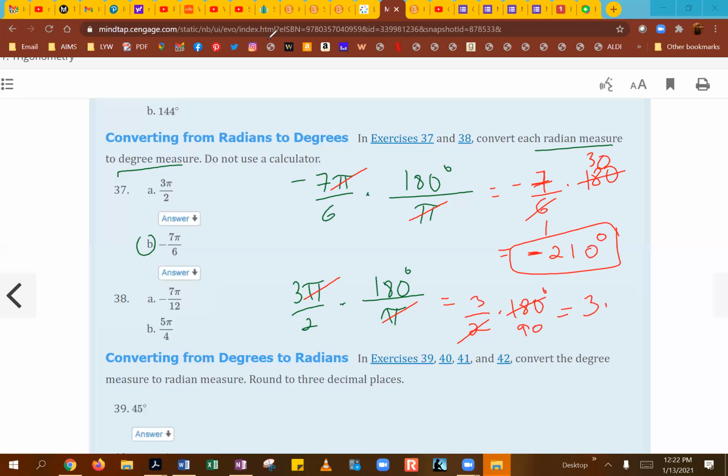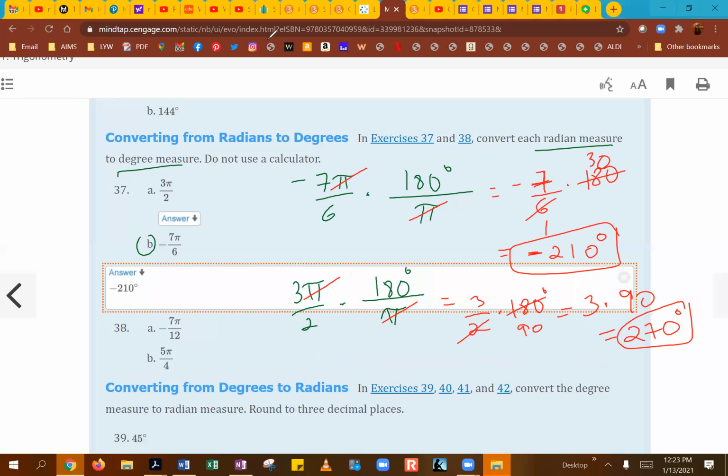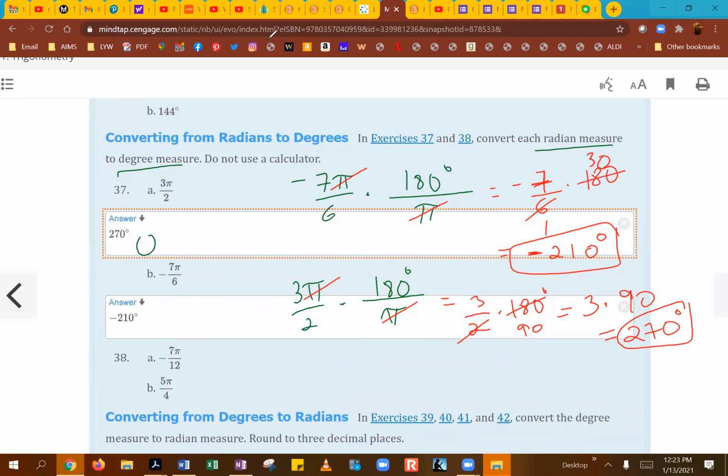Then you are multiplying 3 times 90 to get your degree measurement. 3 times 9 is 27, so this guy will become 270 degrees. And again, you can verify those. These are odd number problems. They show you the answer sets to those.